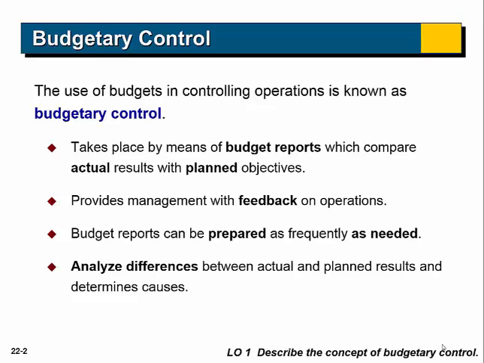Okay, so our planned objectives were stated by way of management and the management accountants and the individuals at the company who worked collectively to put that master budget together. You guys are going to see that on these reports, it is going to give management stated numerical information that provides feedback on the operations.